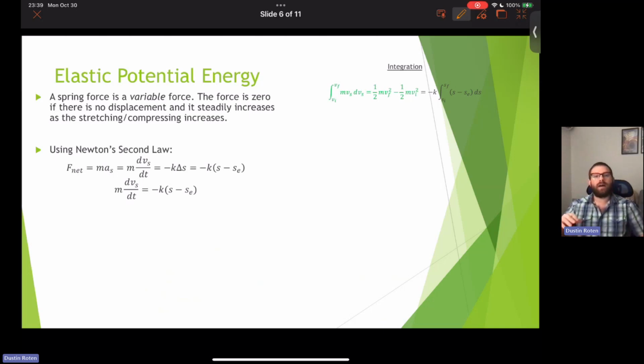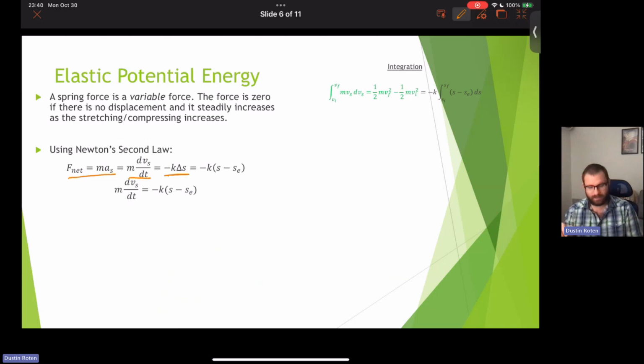Given the forces added up on the spring, we have Newton's second law. We know it equals m times acceleration, which we can rewrite as dv dt. Now, Hooke's law, we can represent this force. We're summing up the forces, but we know the force on the spring is going to be negative k delta s.